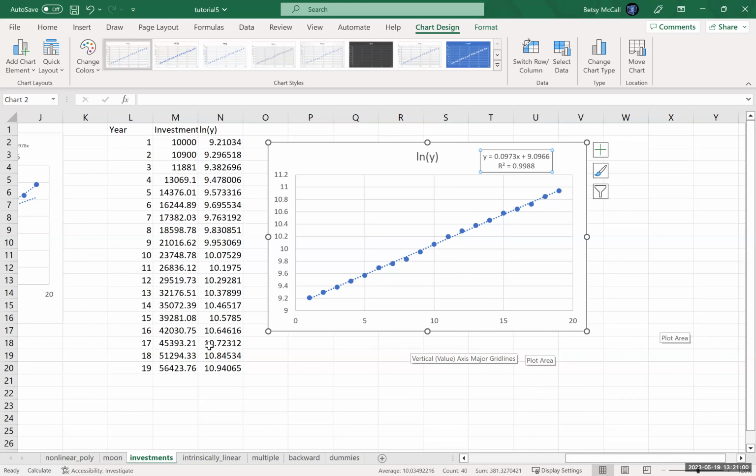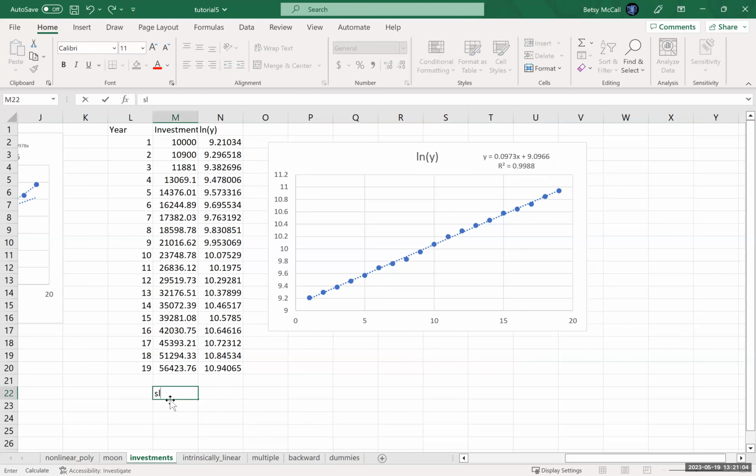As we have the transformed data, we can then calculate things like our slope and our intercept and the linear correlation, using the built-in formulas, using the transformed variables.